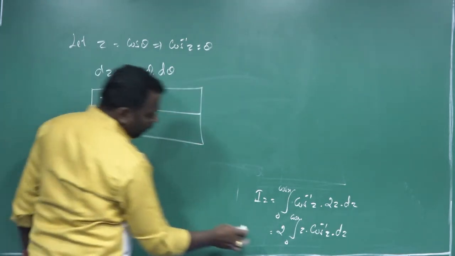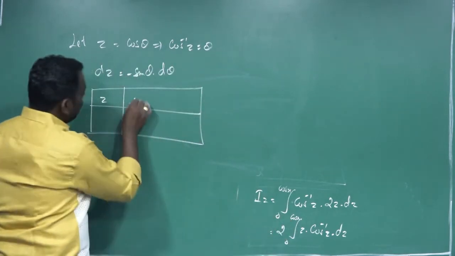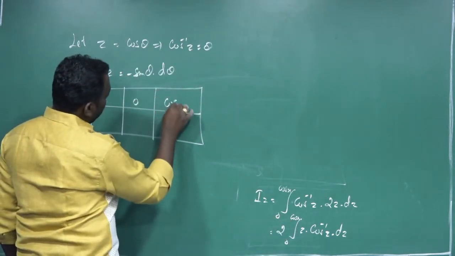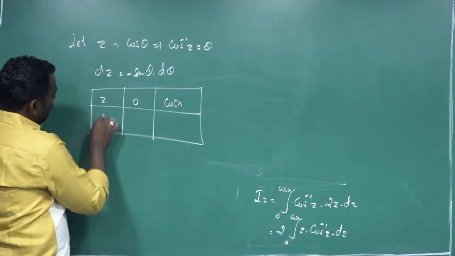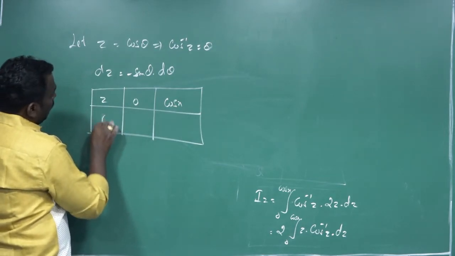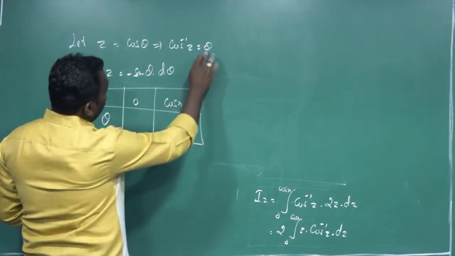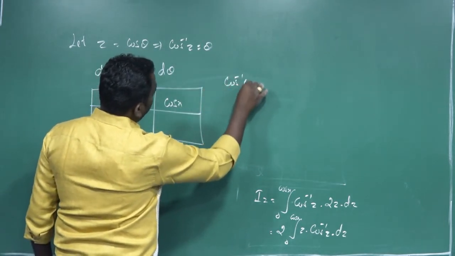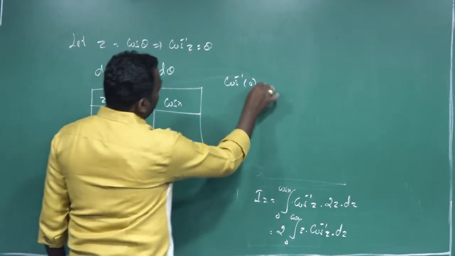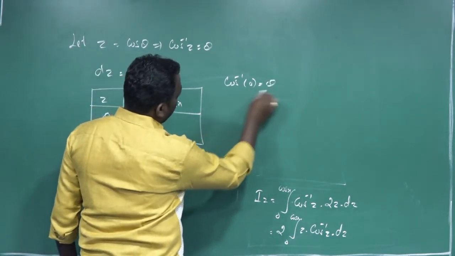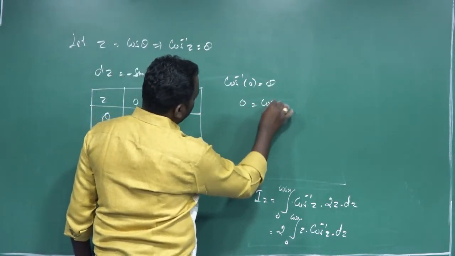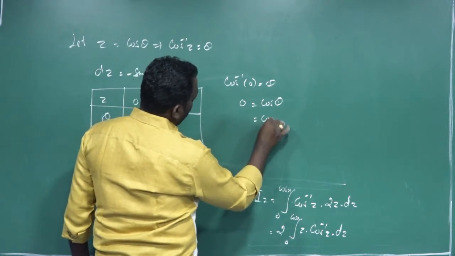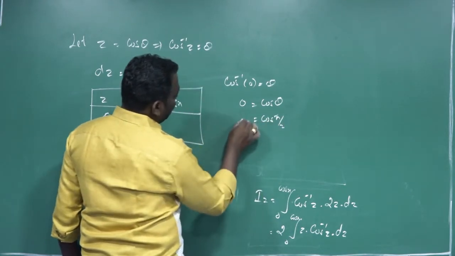The z variable goes from 0 to cos x, and we find the theta variable. Put the z value equal to 0: cos inverse of z equals theta. Therefore 0 equals cos theta, that is cos pi by 2, equal to 0.